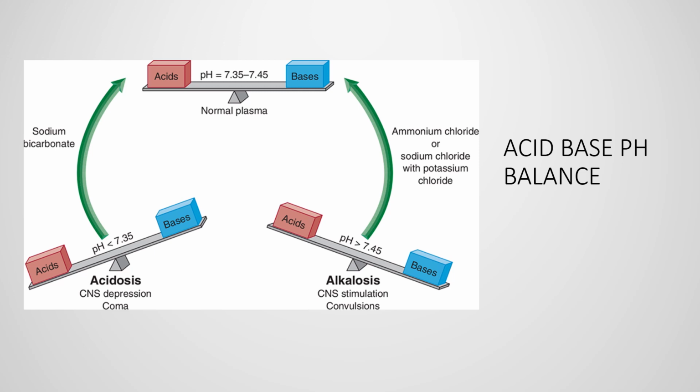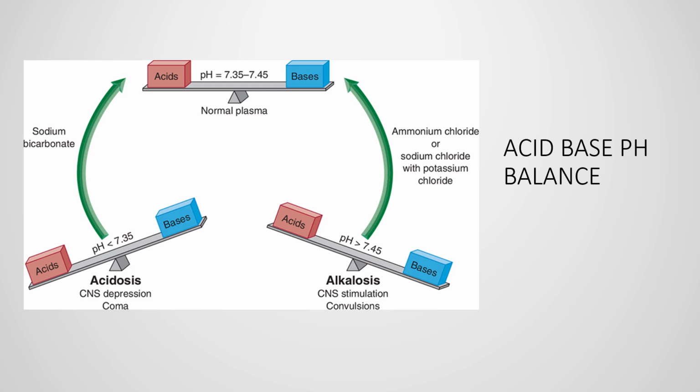And sodium bicarbonate combines with H+ to become H2O and CO2 that you can actually breathe off, right? So you could have some of the acid react with sodium bicarbonate, which will then raise the pH back into the normal level. Okay.